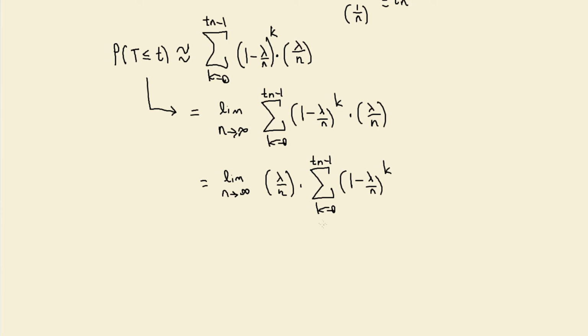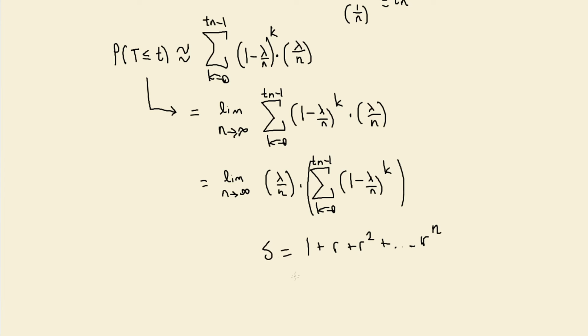And then the reason we want to do that is that this is just a geometric series. The first term of the series is 1, and then we have some rate value, and then we have that rate value squared, and this pattern is going to proceed all the way to the last value here, which we'll just call r to the n.